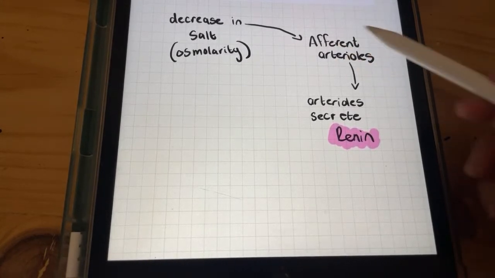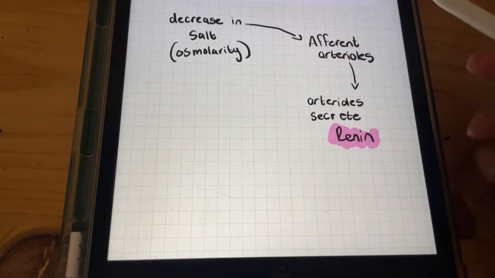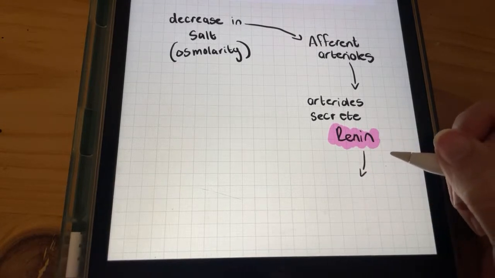So the afferent arterioles are told there is not enough salt. Their response is to secrete renin. Renin is a stimulating hormone. It's going to get this process going.